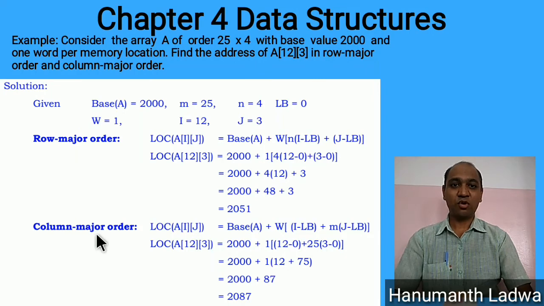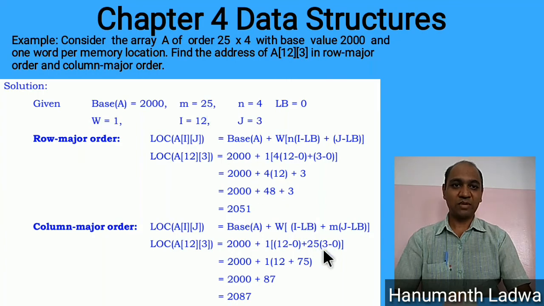Next we will go for column major order. We are going to use this formula, location of a of ij is equal to base of a plus w. Inside the square bracket we are going to write i minus lb plus m into j minus lb. Location of a of 12 and 3 is equal to base of a is 2000 plus word length is 1 and i represents 12 minus 0 plus, here m represents 25.